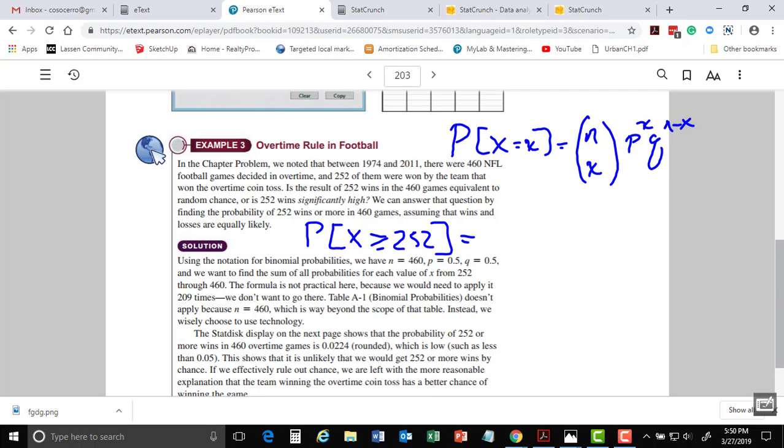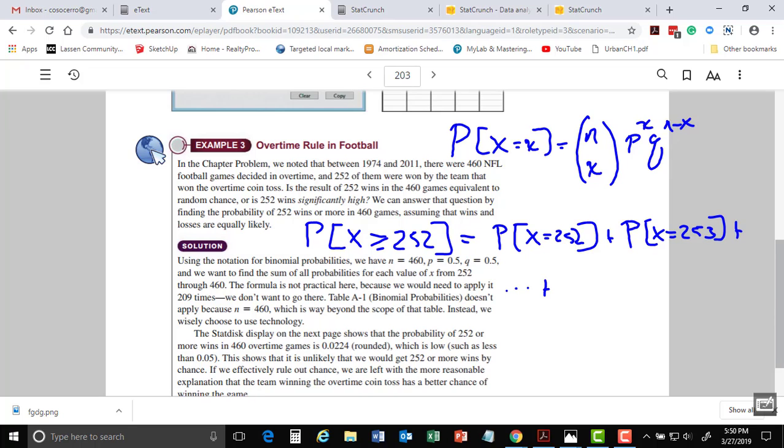You'd have to calculate all of these. You'd have to calculate the probability that the random variable X is equal to 252, right? Plus the probability of the random variable X equaling 253, plus dot dot dot, right?